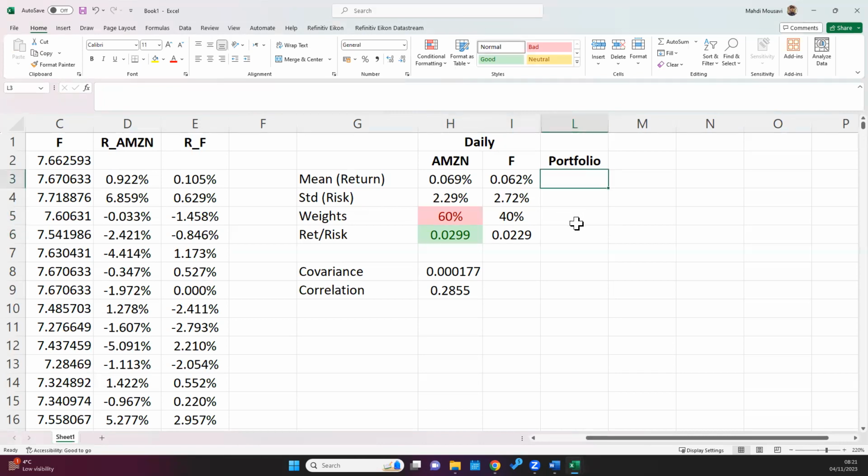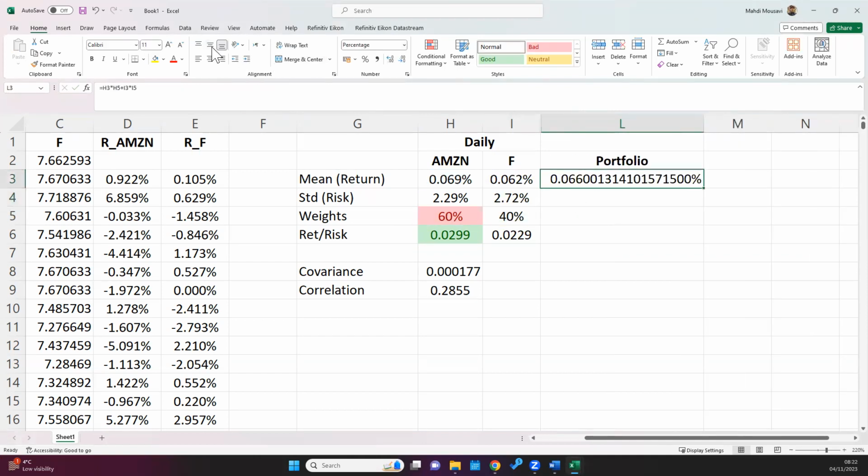So what is the mean or return of portfolio, daily mean or return of our portfolio? Simply is equal to weighted average of individual stocks in our portfolio, right? So it is to say that return of our portfolio is equal to the return of Amazon times 60% plus return of Ford times 40%.